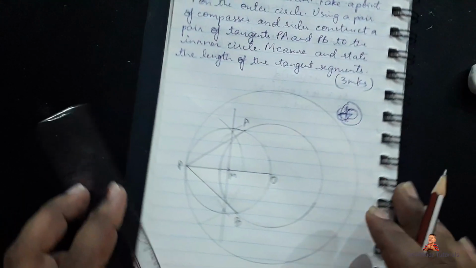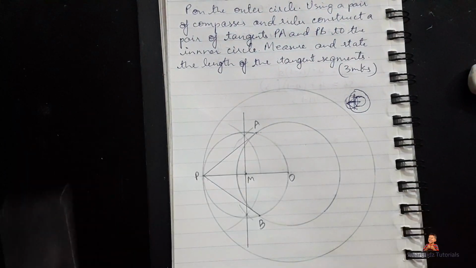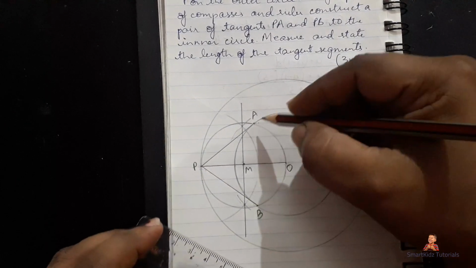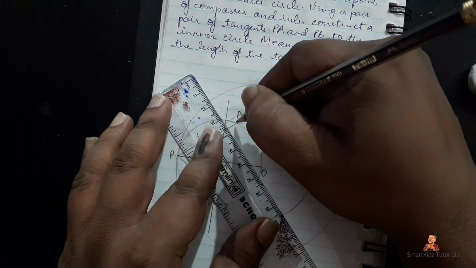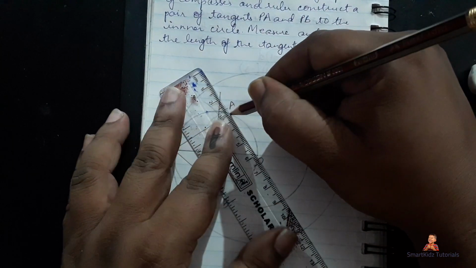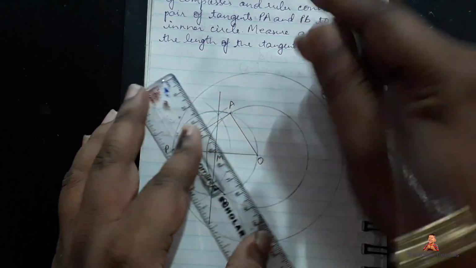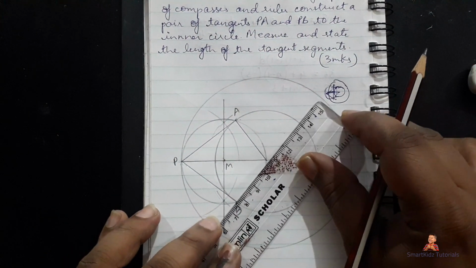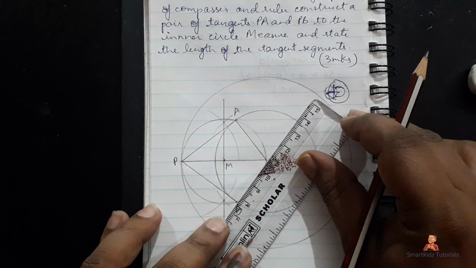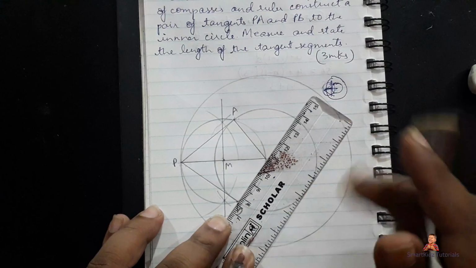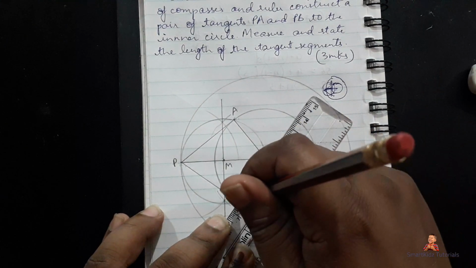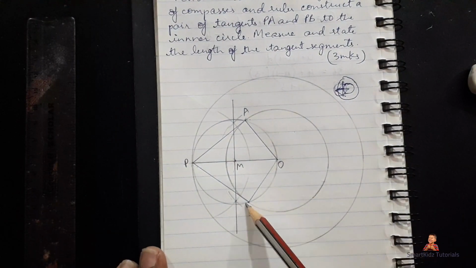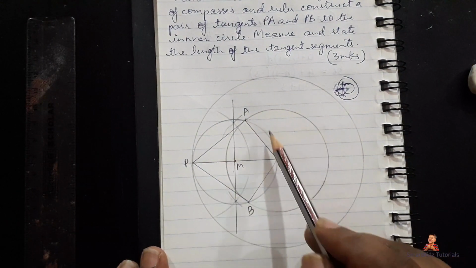Okay, that's it. So this way we have got our two tangents, and we'll connect this A to O as well over here. So we have A to O this way, and also B to O. I'll tell you why I'm joining them actually. Now, if you have a look, this BO is actually the radius of this inner circle.